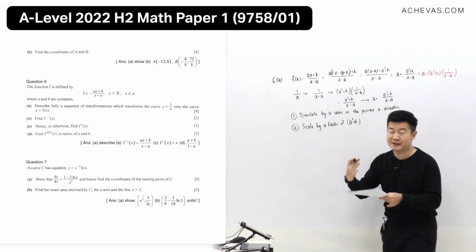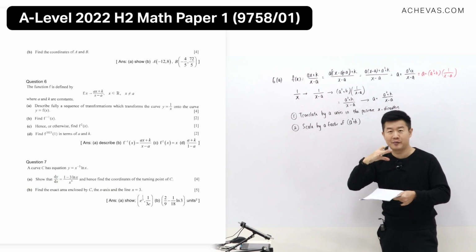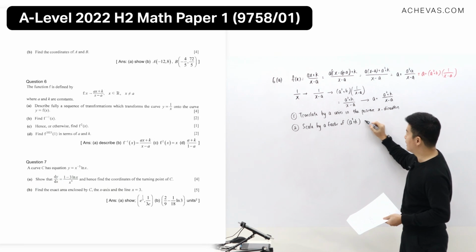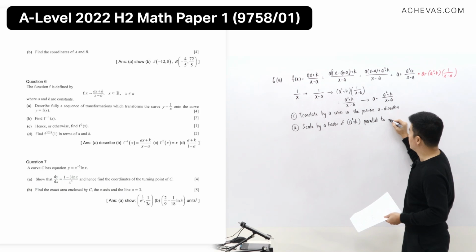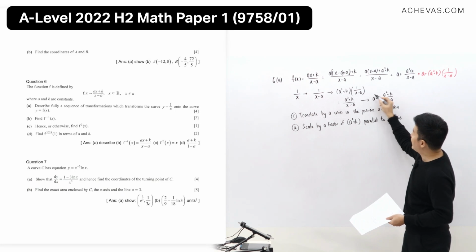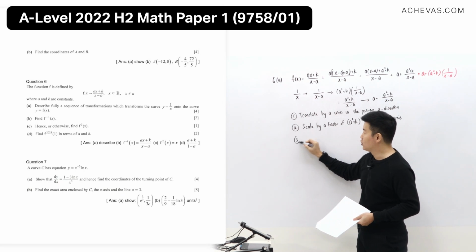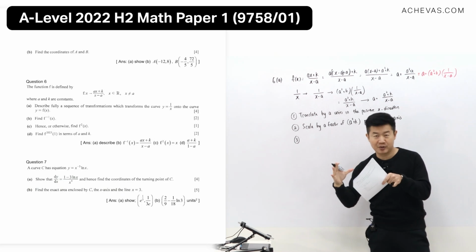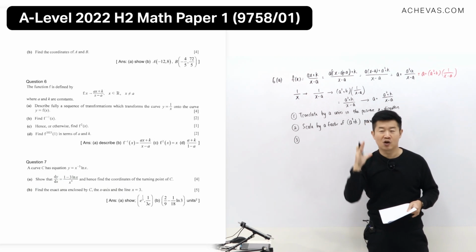Okay, we need to be able to see this as a constant in order for us to describe the scaling. So by a factor of a squared plus k parallel to the y-axis. Then we are adding the entire expression here by a. So the last transformation, adding this entire expression by a constant, is going to cause the graph to be translated vertically.